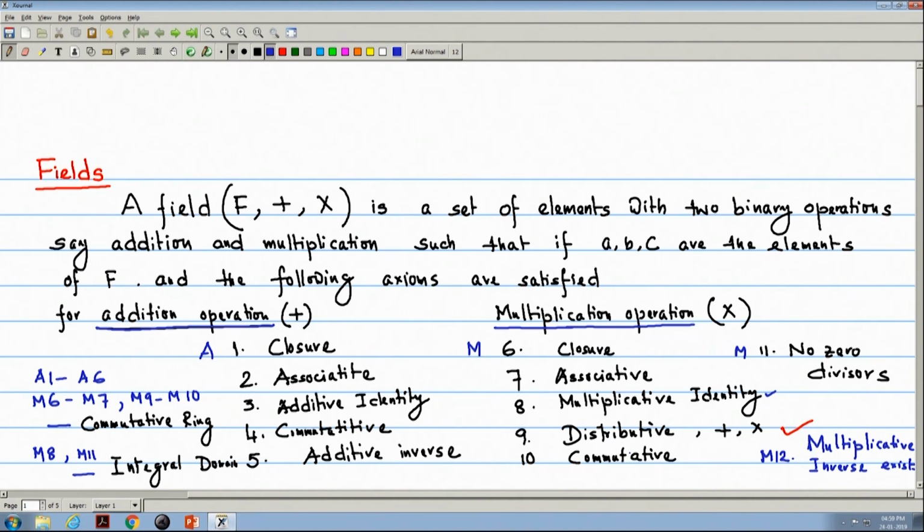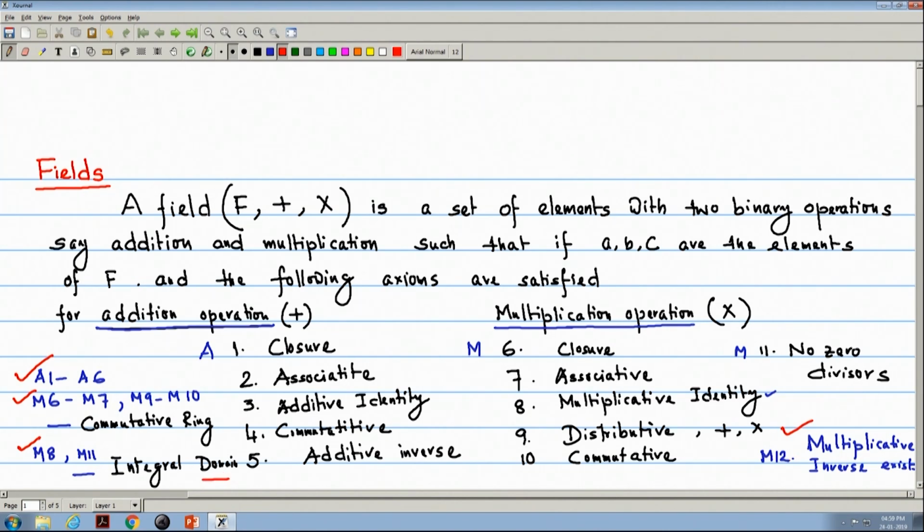So, up to all these properties for addition, A1 to A6, for multiplication M1 to M7, commutative ring, then it is an integral domain, everything is satisfied.